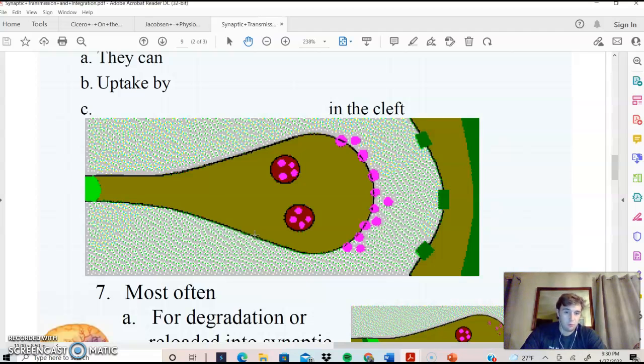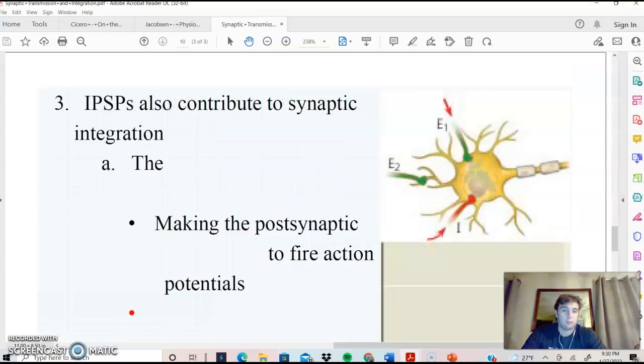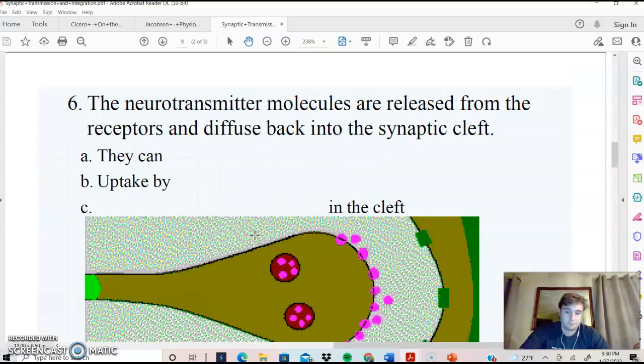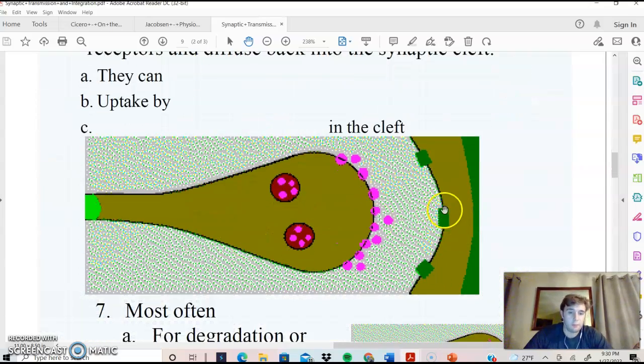They diffuse through the synaptic cleft here, which is the gap in between them. They go over to this green box, which is our chemically gated channel, and that is activated chemically. So the neurotransmitter goes to this one. It's only one-to-one, I think.